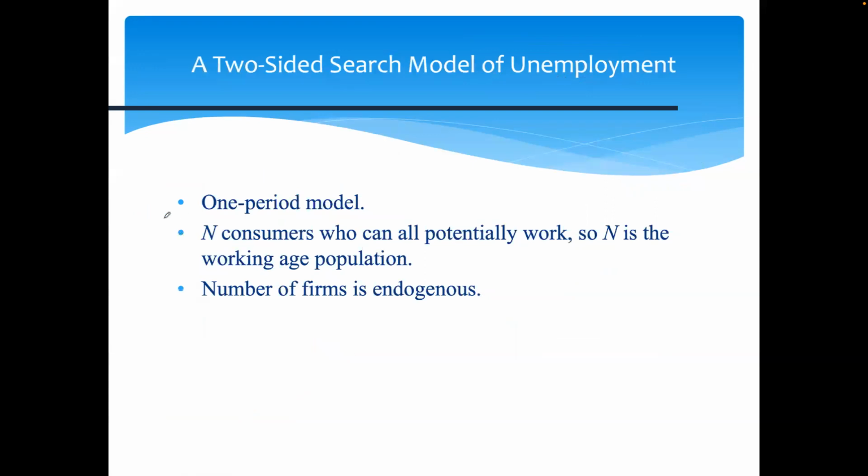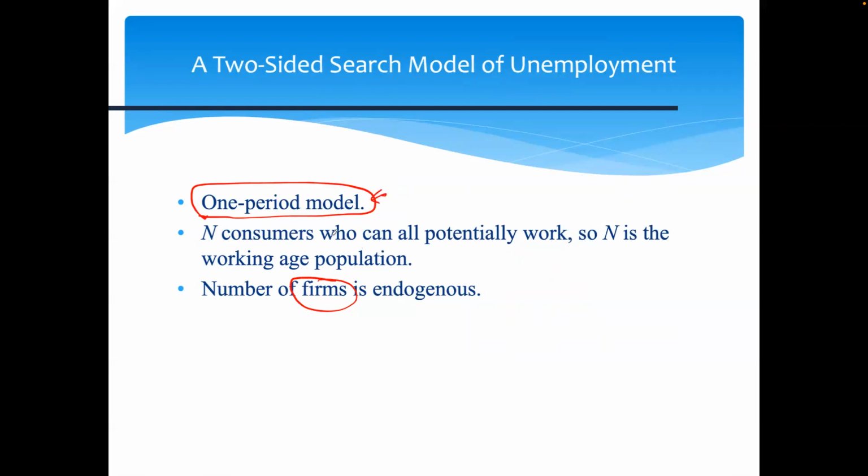So essentially, we are going to look at firms. Our starting point is this one side, as we have already discussed. So here we just simply add another aspect of our economy, which is a firm. But here we are going to simplify a little bit. We're going to look at one period.